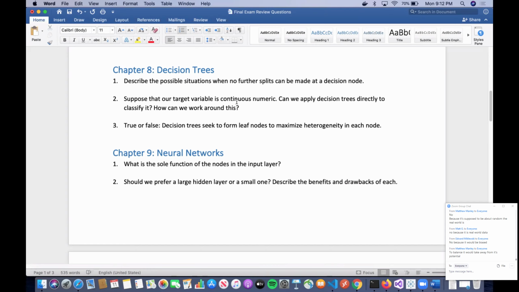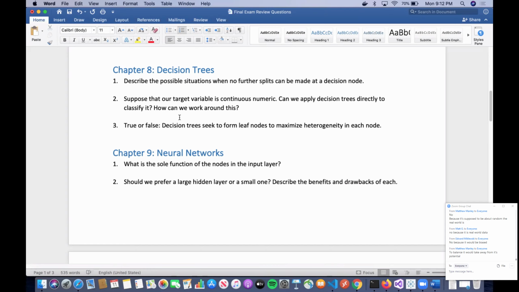So next, we suppose that our target variable is a continuous variable. So it's continuous and it's numeric. Can we apply a decision tree directly to classify it? Well, we cannot, right? So how can we work around this?